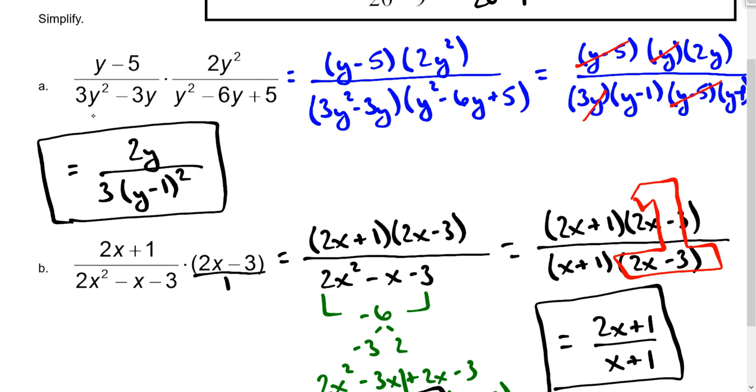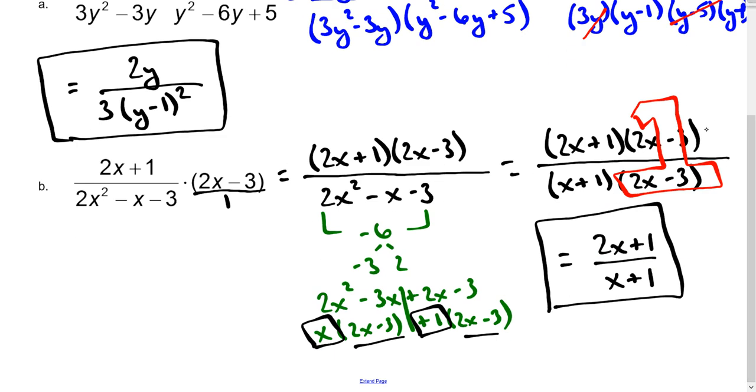So over here, you'd have 2 excluded values and then 2 more, for a total of 4. Over in this problem, you just have 2 excluded values that would come from those 2 factors being equal to 0. So if it says to do excluded values, do it. If it just says to simplify, then that's all you have to do.